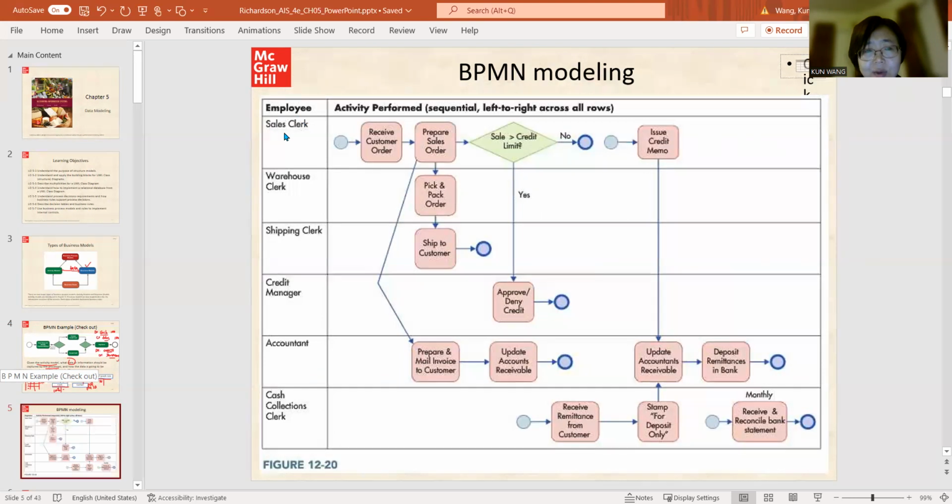We have sales clerk, warehouse clerk, shipping clerk, credit manager, accountant. Or you may say I have one employee table to manage all of them. But we do have other entities.